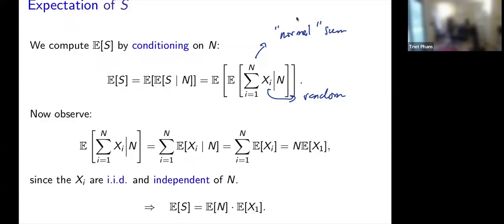Any questions so far about this? All right, so let's point out a subtlety.